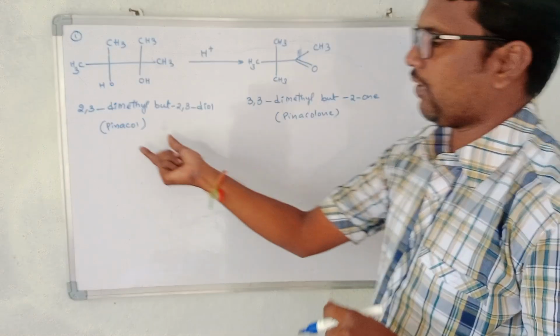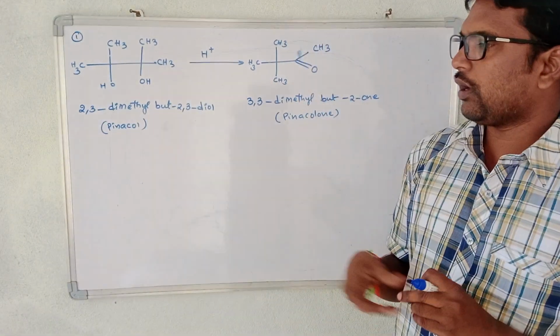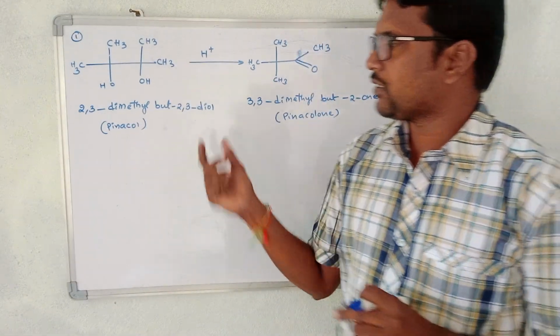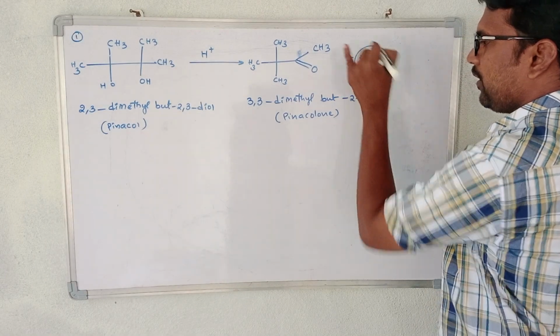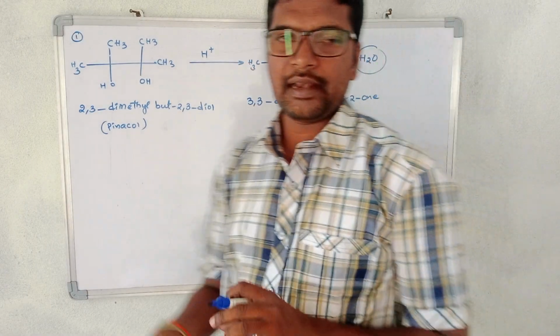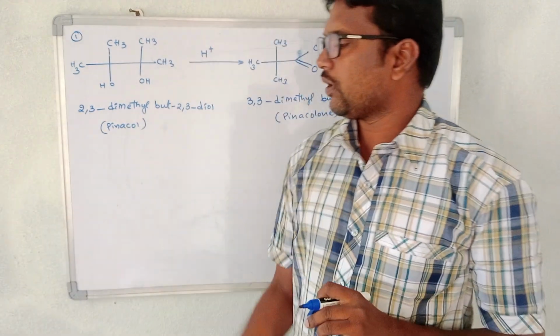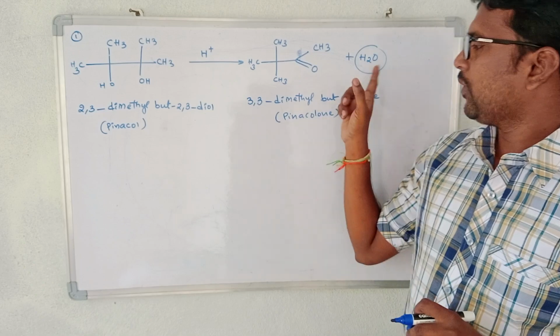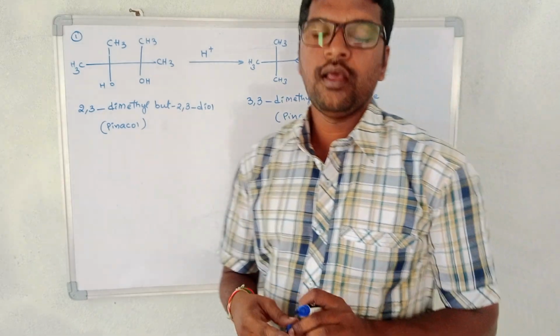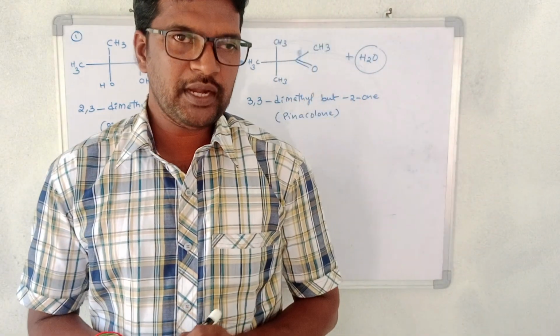So we take pinacol and it can be converted into pinacolone. It is a rearrangement which takes place by the elimination of water, using an acid catalyst. So 1,2 diols can be converted into ketones by an acid catalyzed reaction with the elimination of water. It is called the pinacol-pinacolone rearrangement reaction.